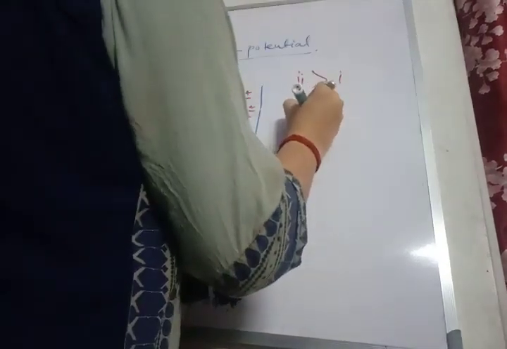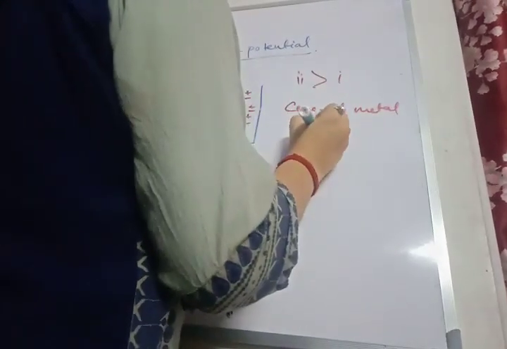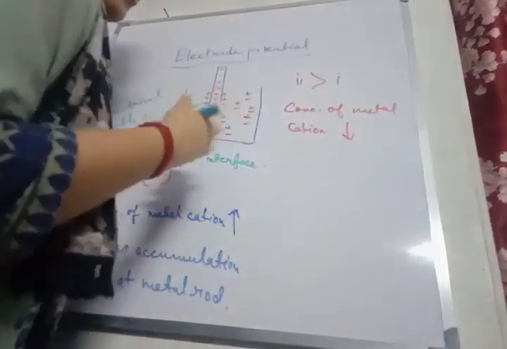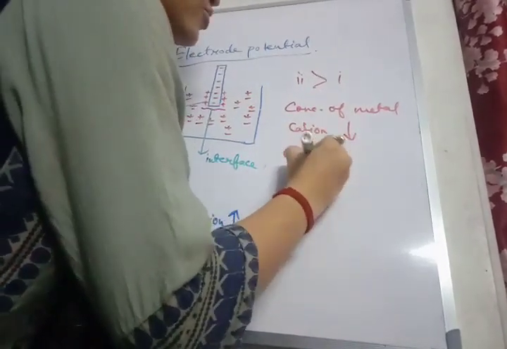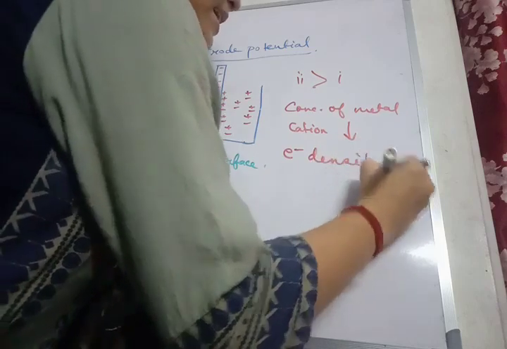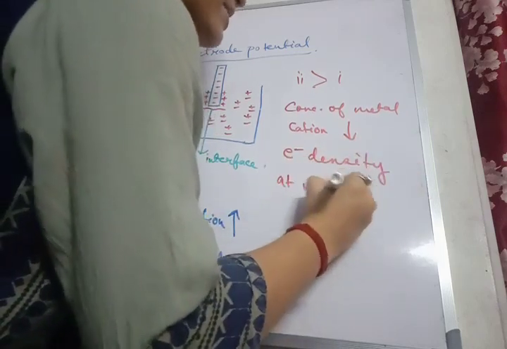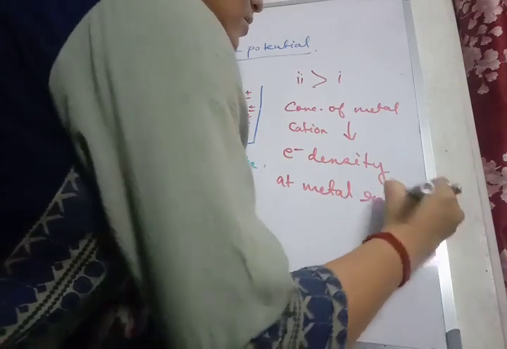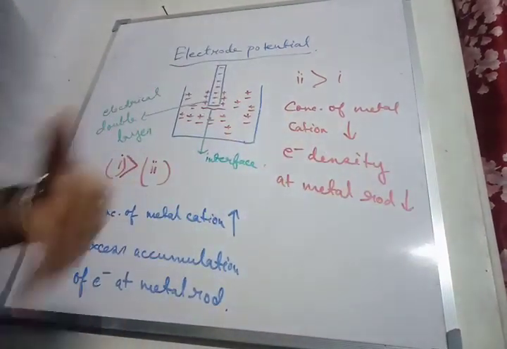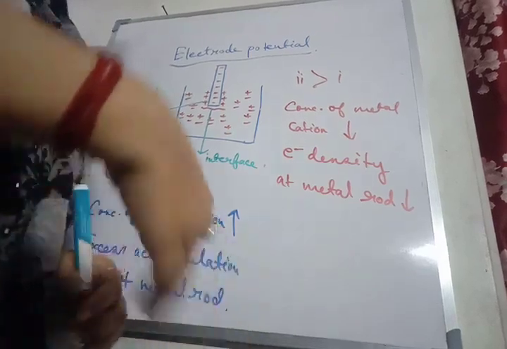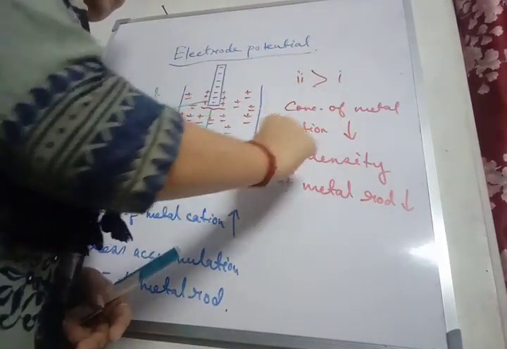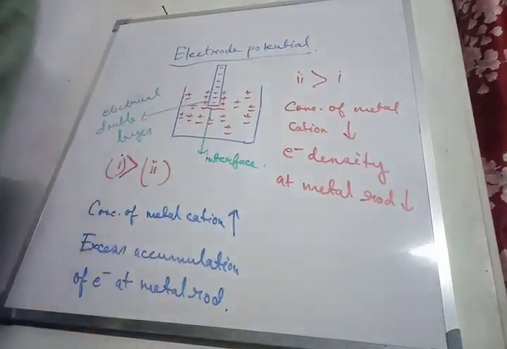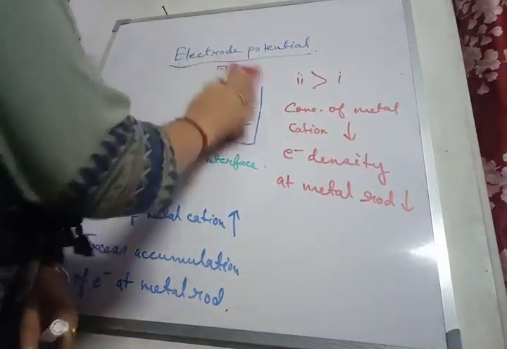The concentration of metal cation will decrease, and the electron density at the metal rod or metal surface also decreases. Why? Because more and more cations will gain the electrons and get converted to the neutral metal. That's why the concentration of cation will decrease and the density of electrons at the metal surface will also decrease. So what is the scenario then?